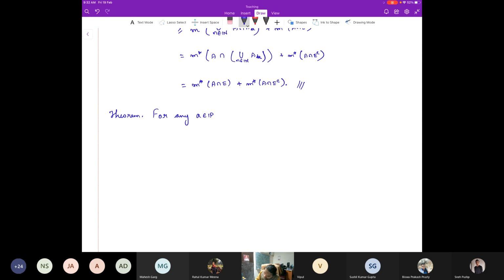For any a in R, the interval (a, infinity) is Lebesgue measurable. Proof.